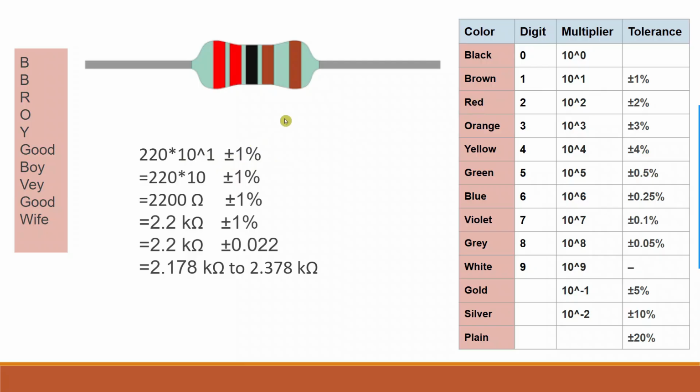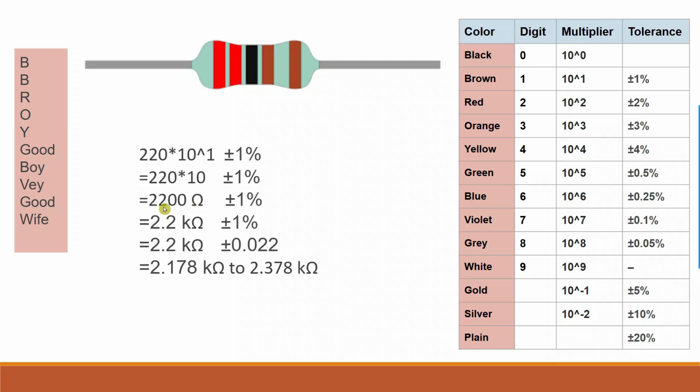And what is the tolerance of brown? 1%, plus minus 1%. Now 10 to the power 1 is equal to 10 only. So 220 into 10 equal to 2200 ohm.